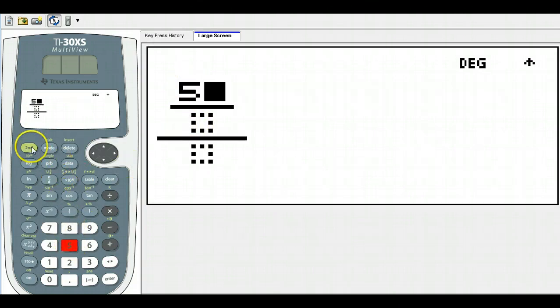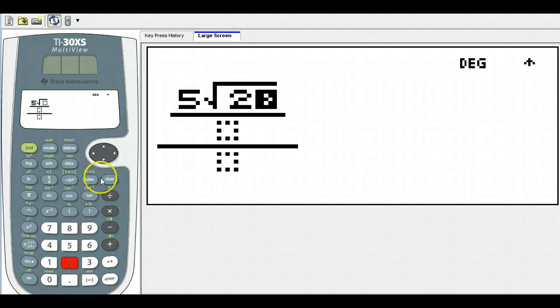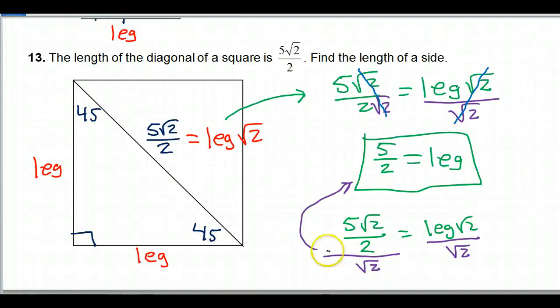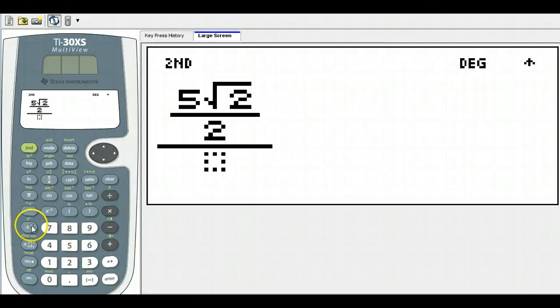So here's my 5 radical 2 over 2. Okay, this is a really cool calculator to be able to do things like this. And then in the denominator, I've got my radical 2. So I'm going to go radical 2. Okay, let's see what happens.